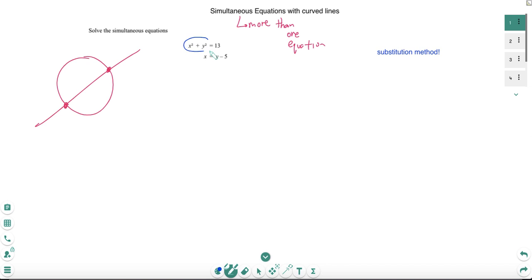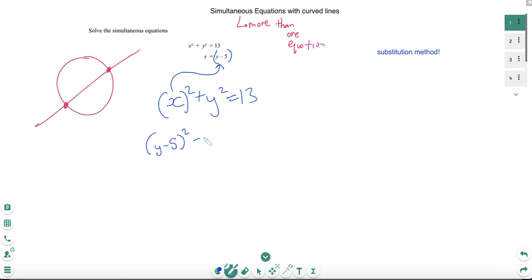So if we write down our curved line, x squared plus y squared equals 13, I can replace x with y minus 5 because x is equal to y minus 5. So instead of x squared, we're going to do y minus 5 squared plus y squared is equal to 13.